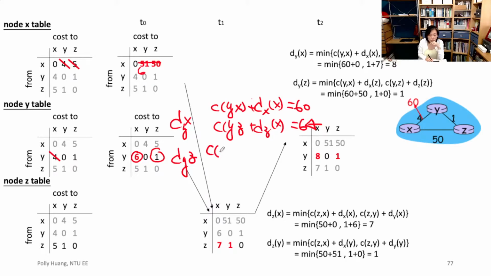Now from y to z. First neighbor, x. Second neighbor, z. Yeah, this is 1. And this is 60 plus x to z, 0, x to z, 5. So 65.